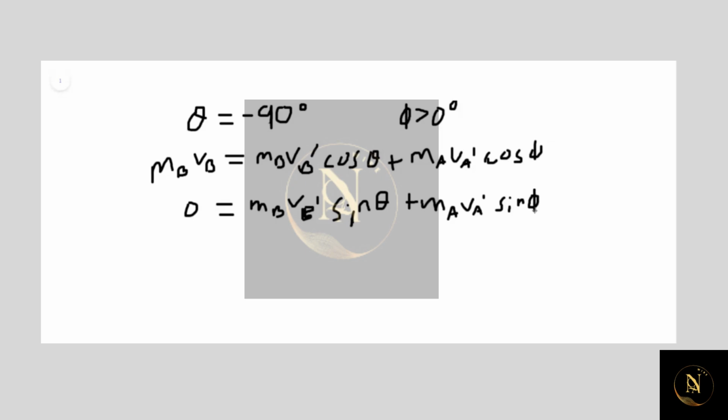Okay, so this is part A, by the way. What we're given in the beginning is that vb is equal to v, and vb prime is equal to v over 2.